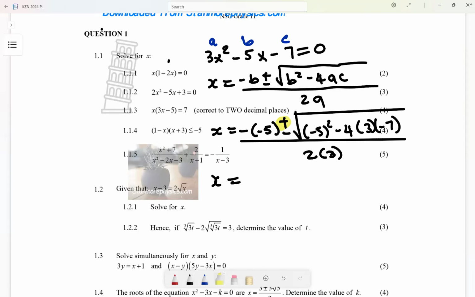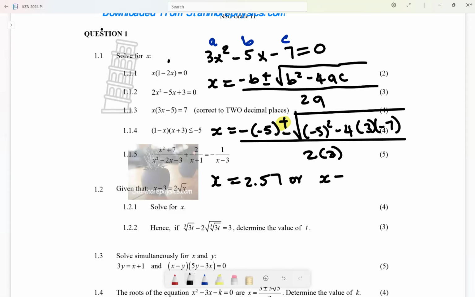So it will be something like negative times negative b plus square root of b squared minus 4a, a is 3, c is negative 7. When you substitute, make sure that you use those brackets, over 2 times 3. For the positive one, I get 2 comma 57, remember to decimal.